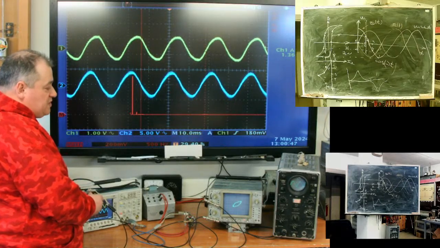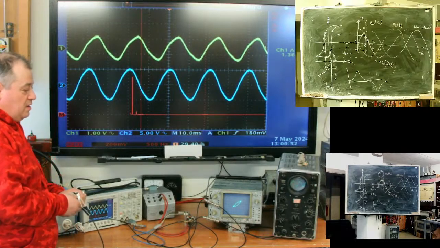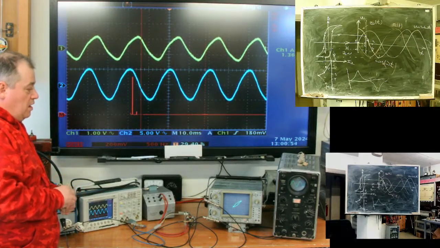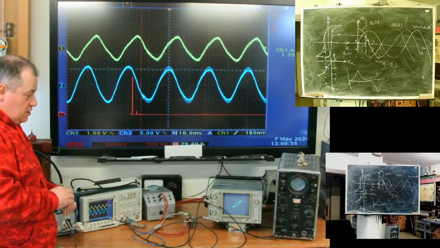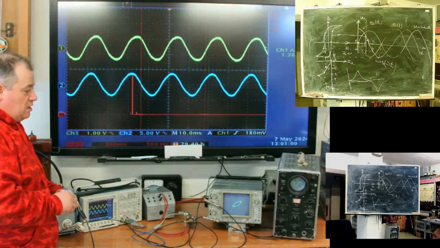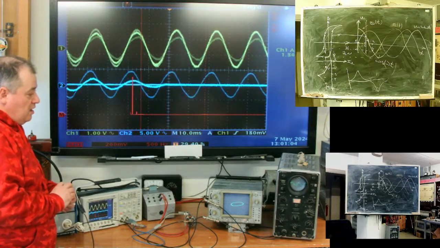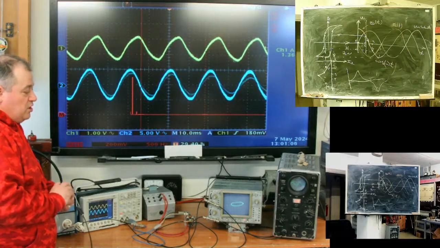Look what happens with magnetizing current. Downward, smallward, higher, higher, higher, higher. Up at the short circuit.